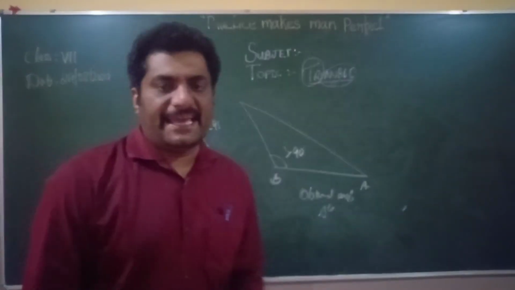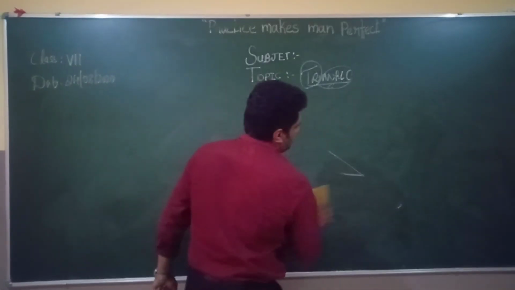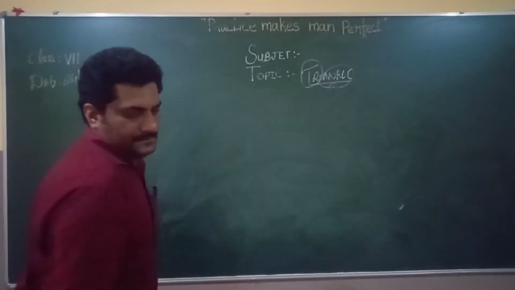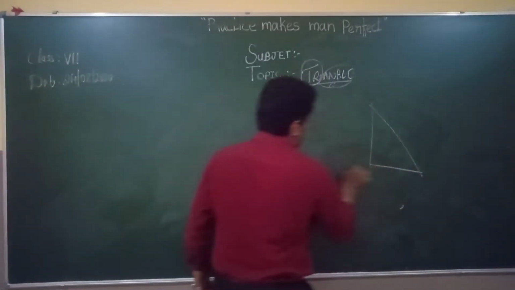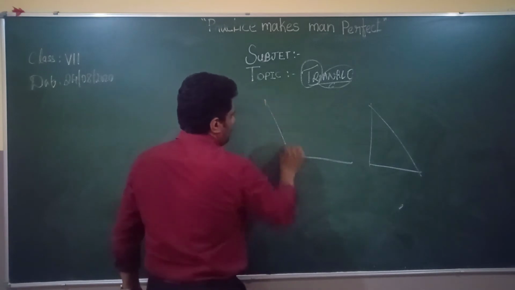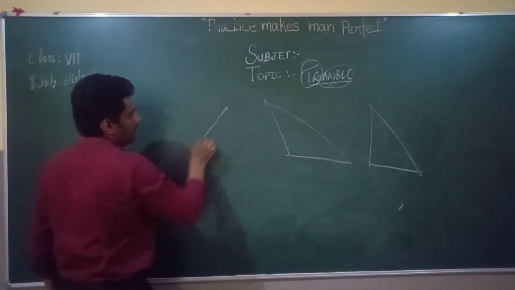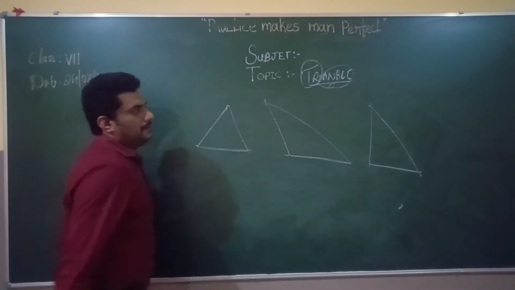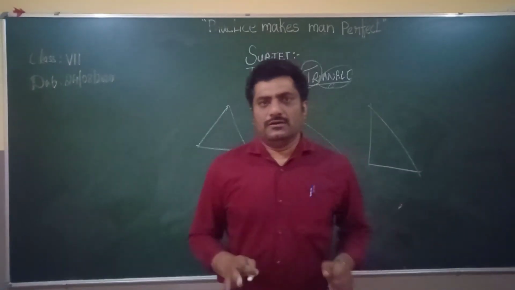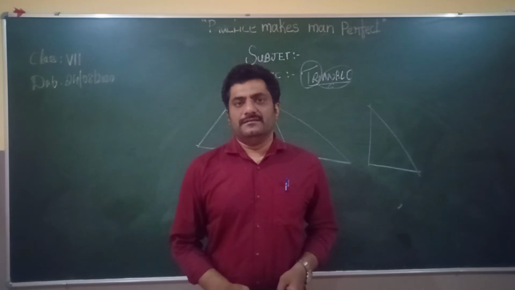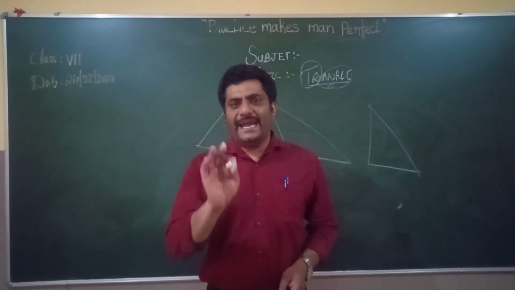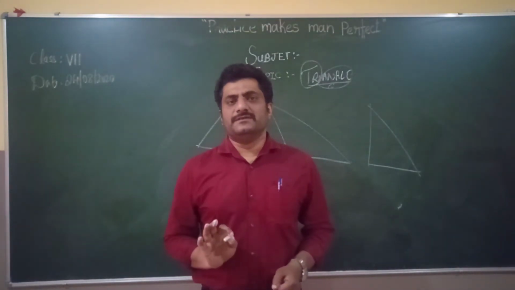Now in all these cases, how do we find the height of a triangle? Let's see. Whenever you check your height, you always stand straight, vertical. So whenever you measure the height of anything, it should always be vertical.